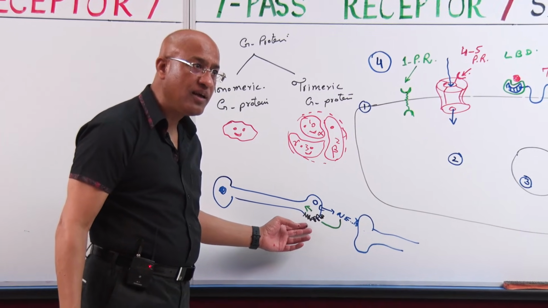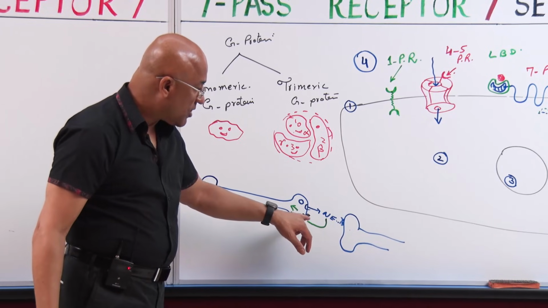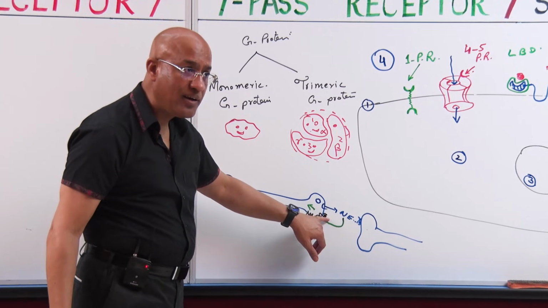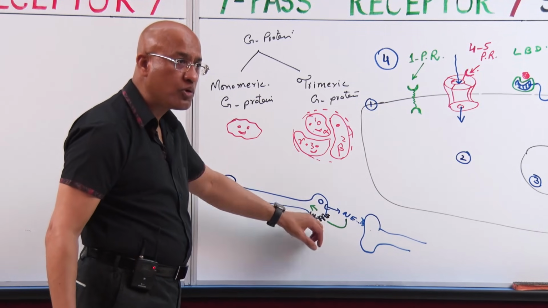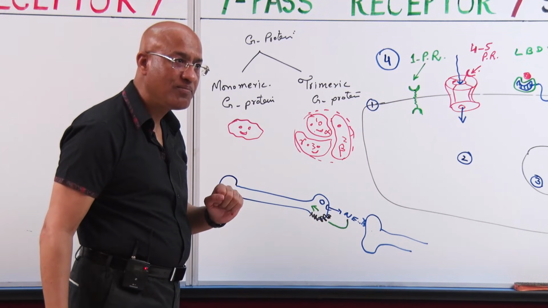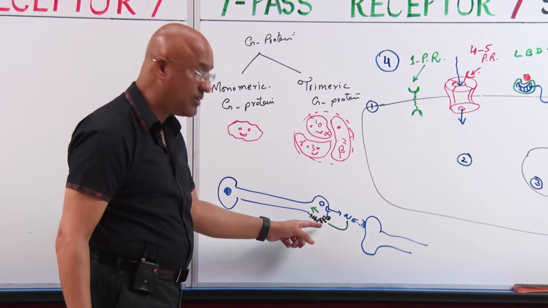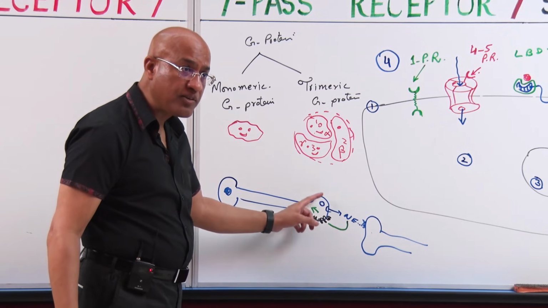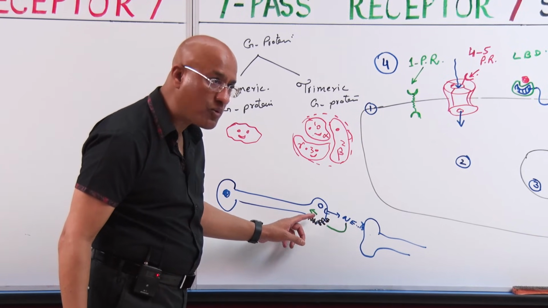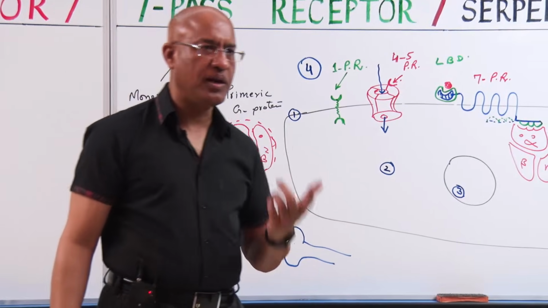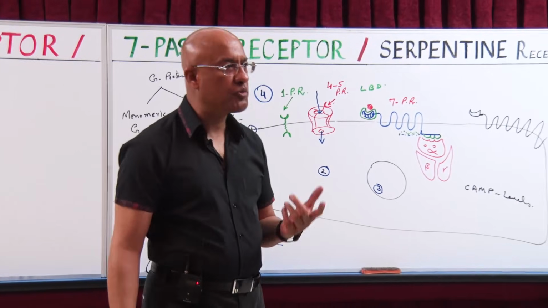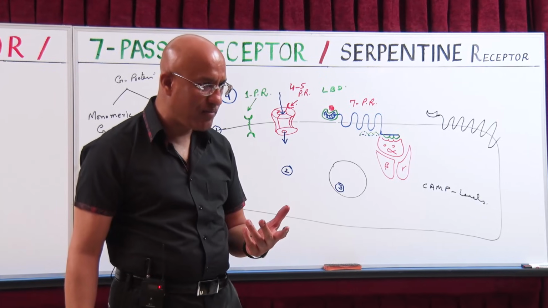For example, serotonin binds here, it undergoes a functional change, and throws the serotonin inside. You get it? So what is this? This is the receptor. And it passes through the membrane how many times? 12 times. So 12 pass receptor, one of the classical examples is those receptors present on the presynaptic membrane.